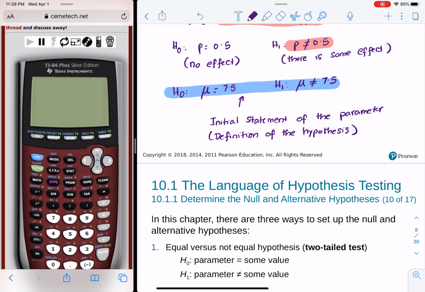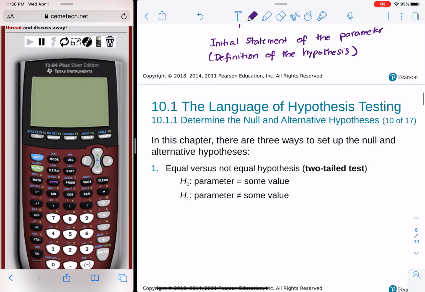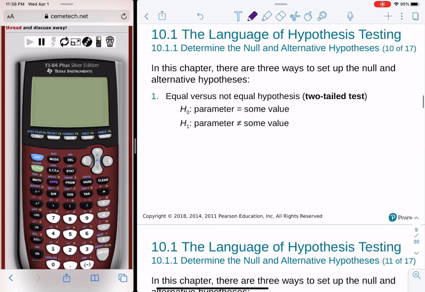And it has a very formal structure, so the definition contains the null part and the alternative part. So the first hypothesis type is the two-tailed test.